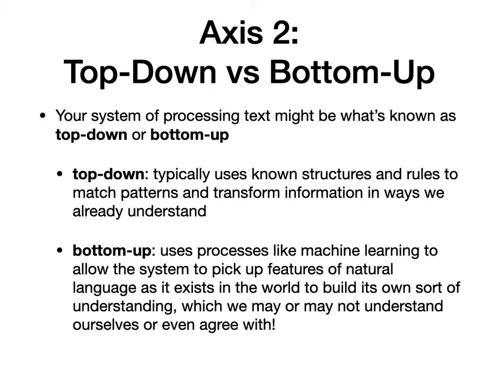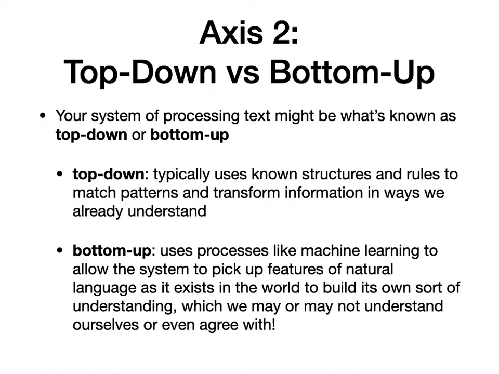Axis two. Now this is a little more theoretical, but it has huge points of application. When your text processing system is built, it might be more top-down or bottom-up. This is a common refrain in cognitive science.